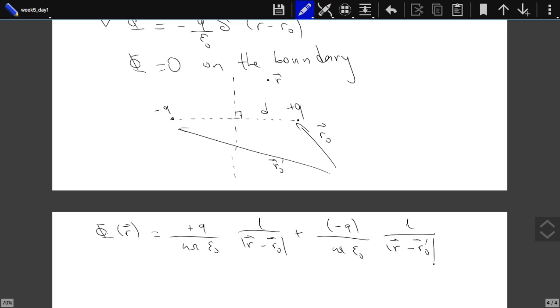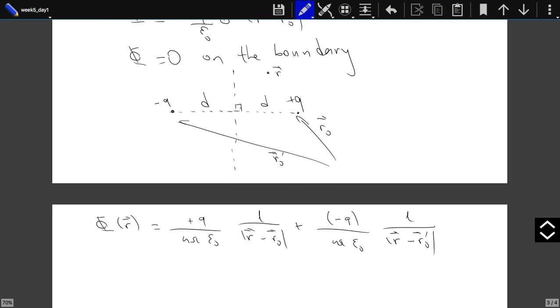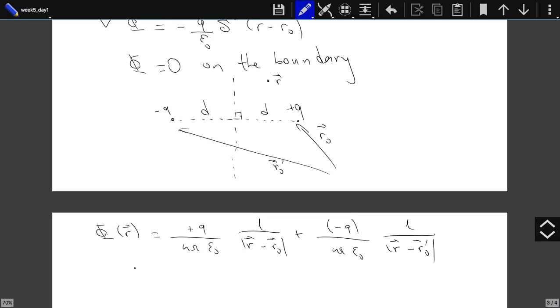Now, what is the value of this potential along this middle plane? Well, on the middle plane, the plane is equidistant from both of the charges.